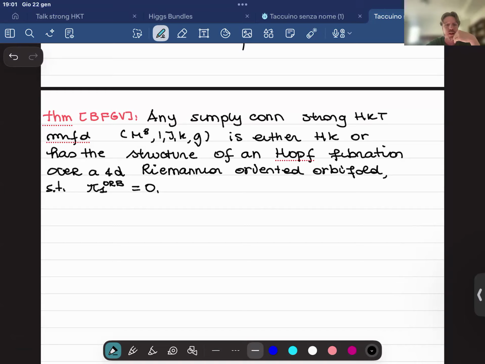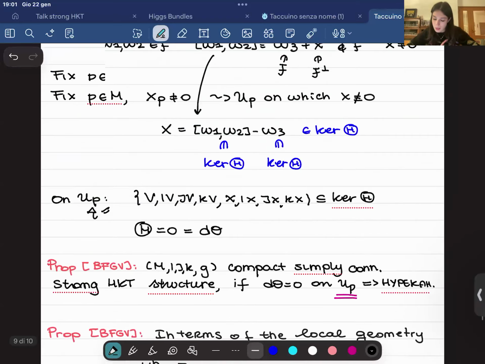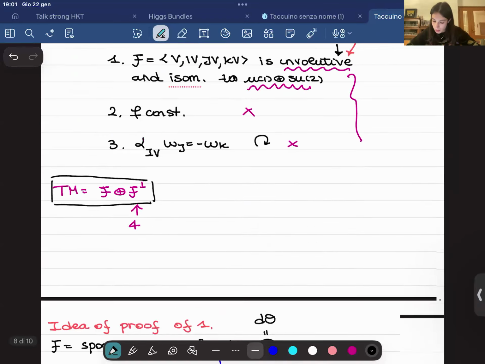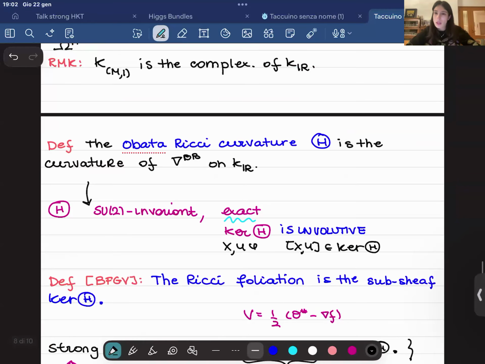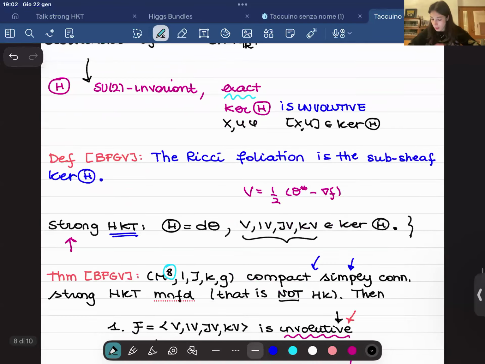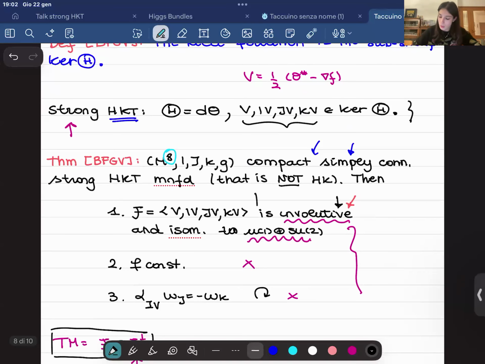I guess this proof is very eight-dimensional somehow. Yeah. I mean, unfortunately, yes. But should this Ricci foliation play a role in general, you think? Well, the point is that for us, it played really a role because we weren't able to prove that this was involutive.